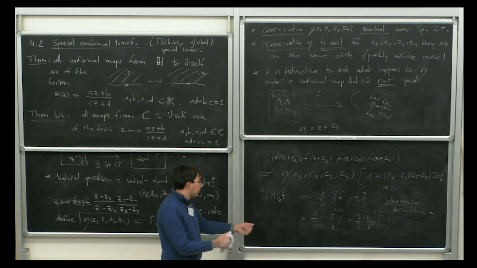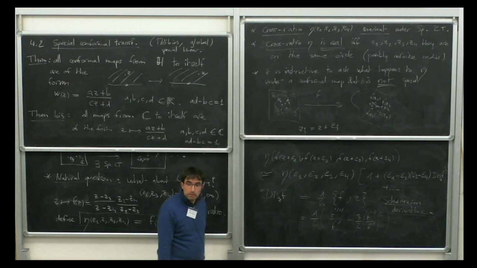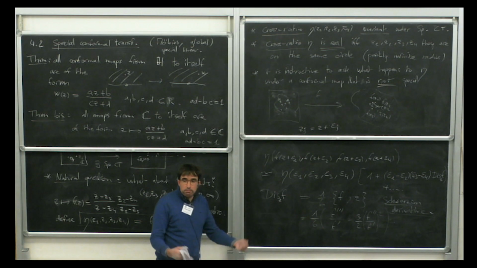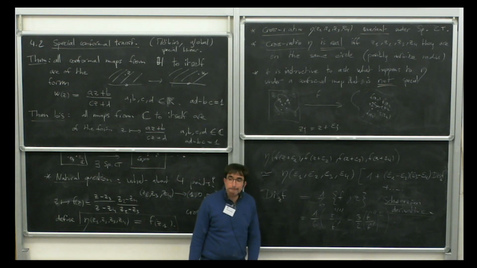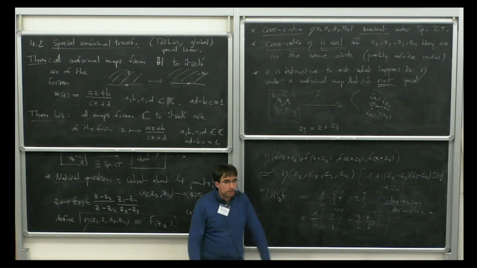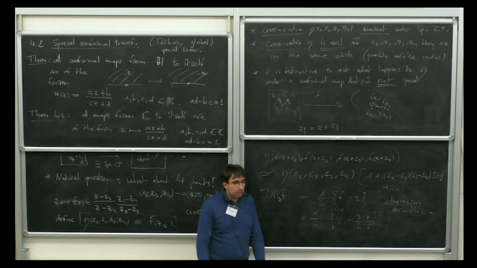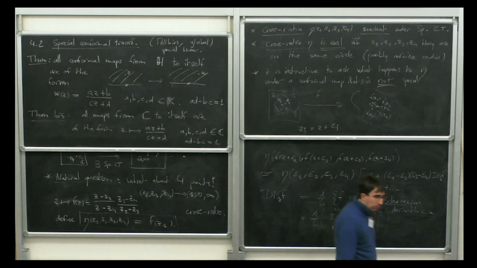So it measures the distance to a special conformal transformation, but I don't have a much better way of thinking about it than this. I don't know if some CFT experts in the audience have a better way of thinking about it.